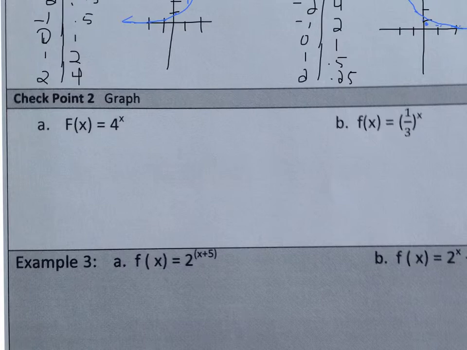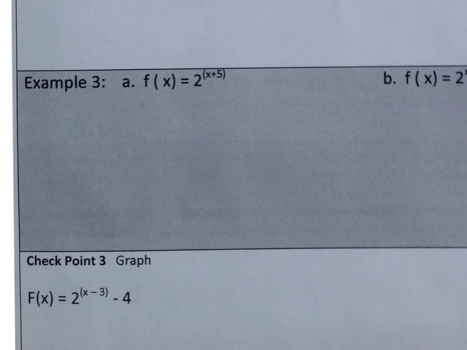So let's look at example 3. Now we have f of x equals 2 to the x plus 5. And if you remember, this is considered the inside of the function.